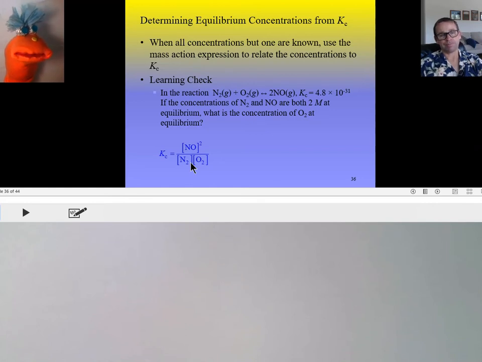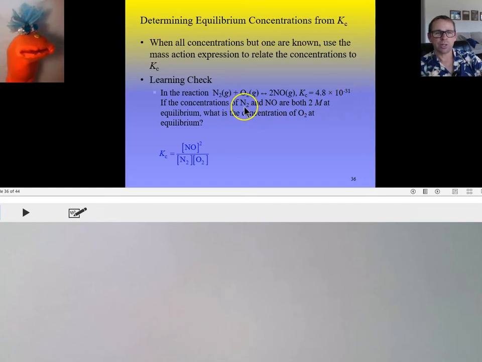That's right. Very good. So, in this chemical reaction, we're told that the resulting concentrations arranged in this configuration equals, when it's reached equilibrium, 4.8 times 10 to the minus 31.